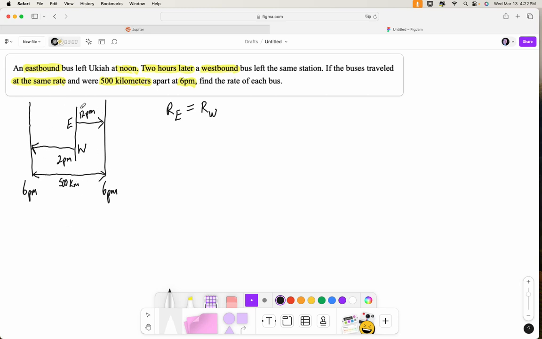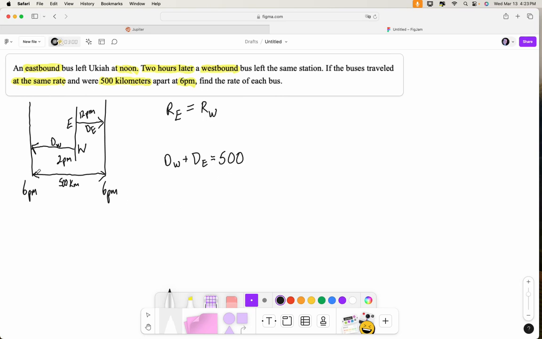Looking at this picture, this is the distance of the westbound bus, and this is the distance of the eastbound bus. I can say the distance of the westbound bus plus the distance of the eastbound bus is equal to 500.